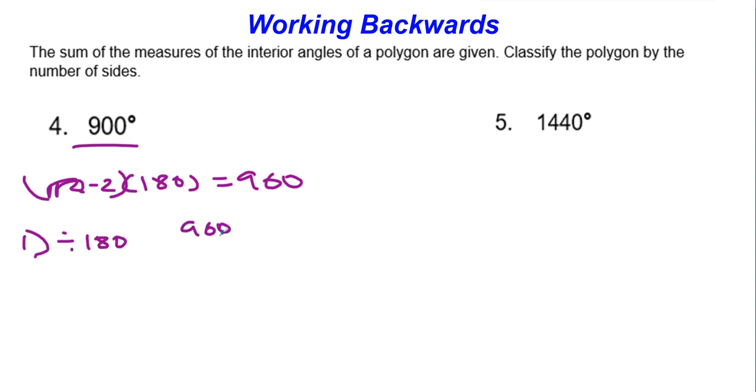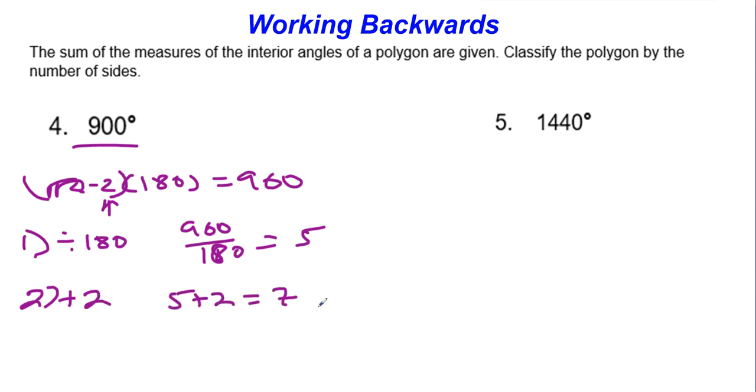So 900 over 180, and you grab your handy dandy calculator for this. So 900 over 180 is going to be 5. Step number 2, you're going to add plus 2. So 5 plus 2 is equal to 7. We have 7 sides.